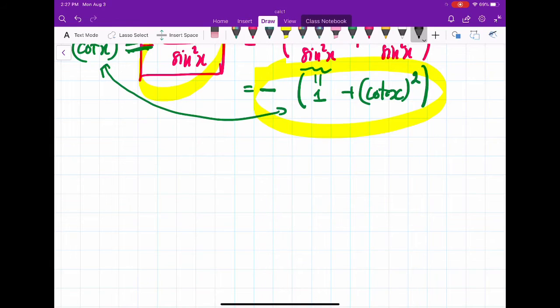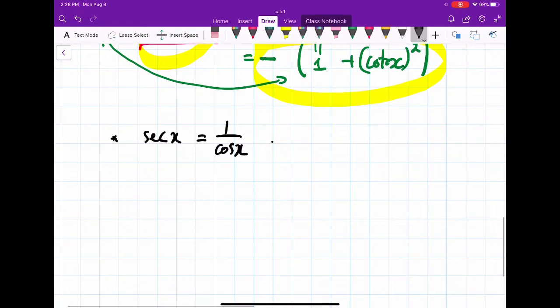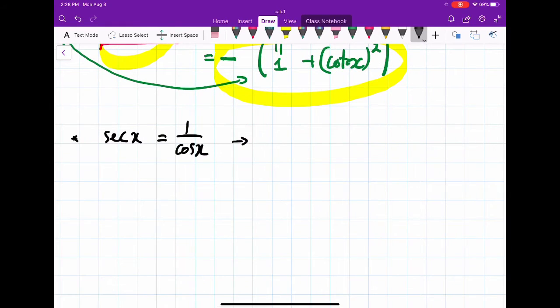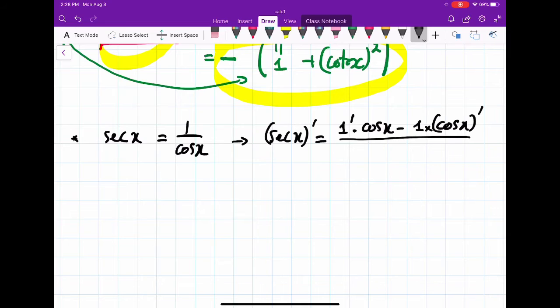If you want to differentiate the secant or cosecant function, you also use the quotient rule. Let's see this. So secant of x, right? What is secant of x? That is 1 over cosine x. Is that correct? And now you differentiate this function using the quotient rule. The derivative is 1 derivative times cosine x minus 1 times cosine x derivative, over cosine squared x, right?